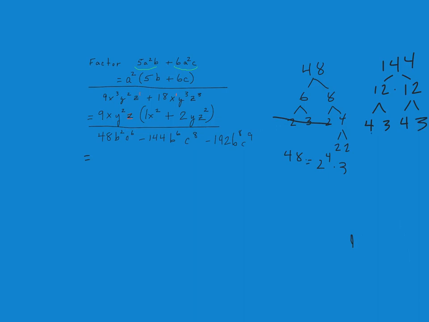And each of those 4s breaks down into 2 times 2. So that will give us 4 factors of 2 and 2 factors of 3. So that gives us 2 to the 4th times 3 squared for the 144.